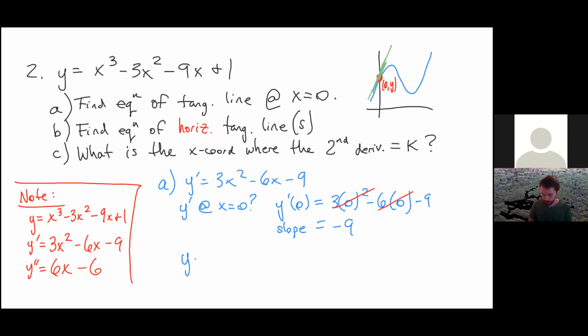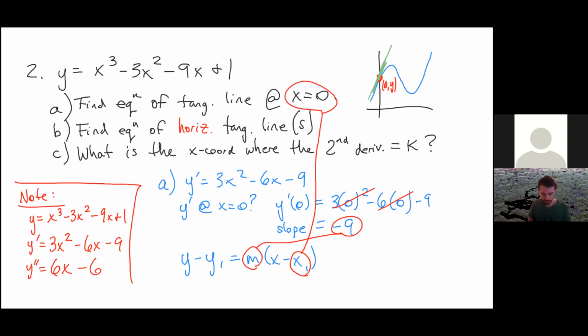as usual, again, I can write this formula down. Okay. I know that this is -9. I know that x1, the point I'm concerned with, is x equals 0. I don't know what y1 is. So how do I figure out what y1 is?